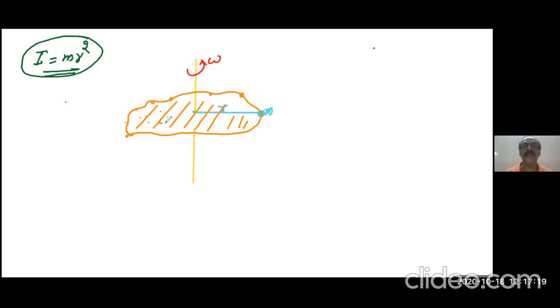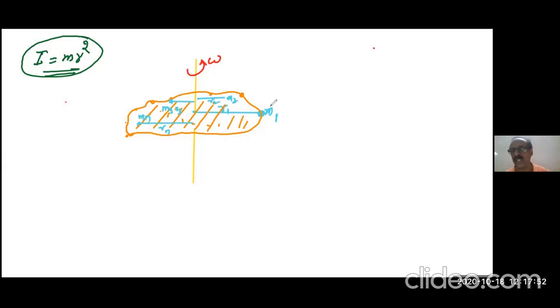So we have to imagine this is M1, position vector R1. Then let us consider another particle M2, position vector R2. Then another particle M3, distance from the axis of rotation to that point is R3. Like that, we can imagine a large number of particles, up to Mn, Rn.